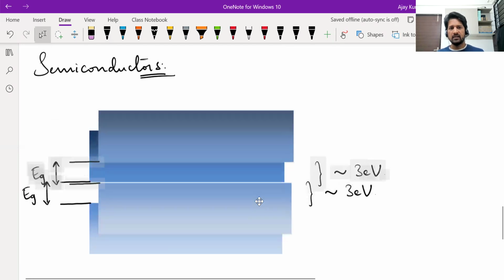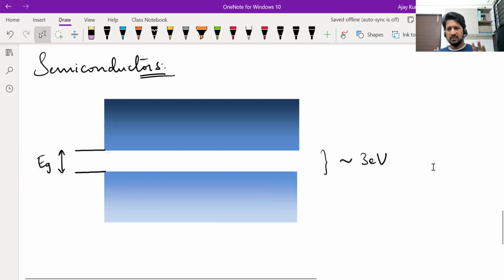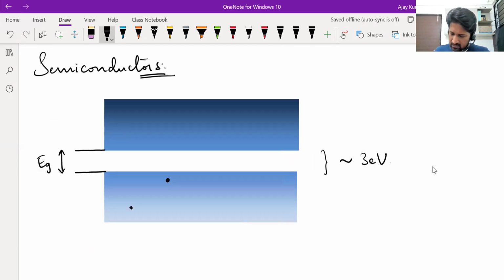And 3 electron volts is a small enough energy that some valence electrons can attain it and jump into the conduction band. Not all of them, but some of them can occasionally gain that energy.